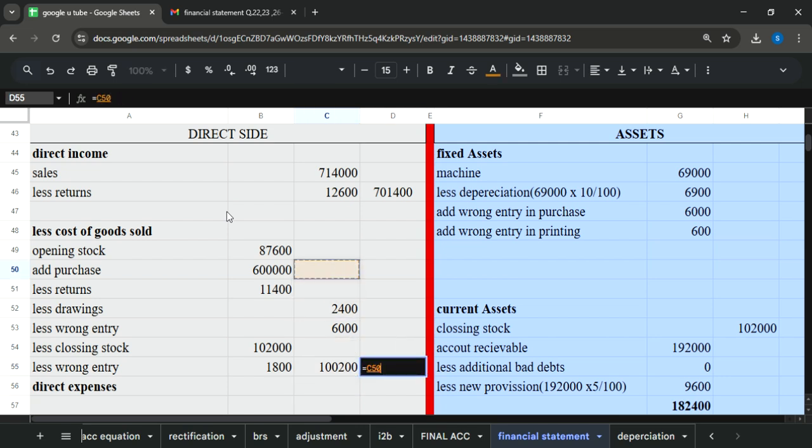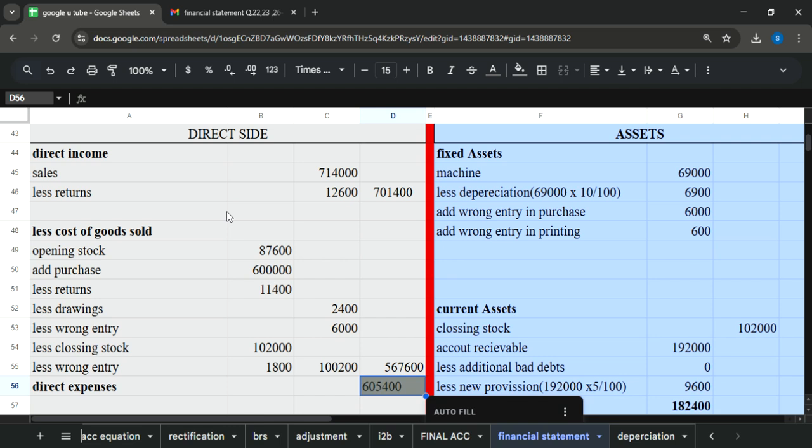First we need to add opening stock, then add purchases, then subtract returns, then again subtract drawings, again subtract the wrong entry, and then again subtract closing stock.